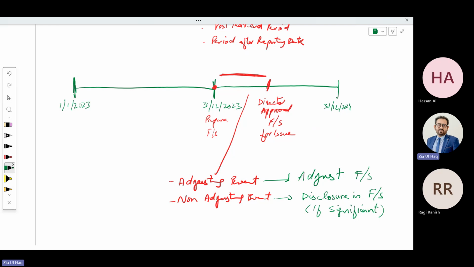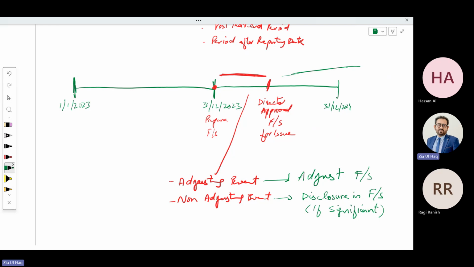What are adjusting events? What are non-adjusting events? We're gonna discuss later on. So where director need to identify adjusting, non-adjusting events, year end date till the date financial statements approved by the directors. Any event occurring after approval of financial statements will be neither adjusting nor non-adjusting.